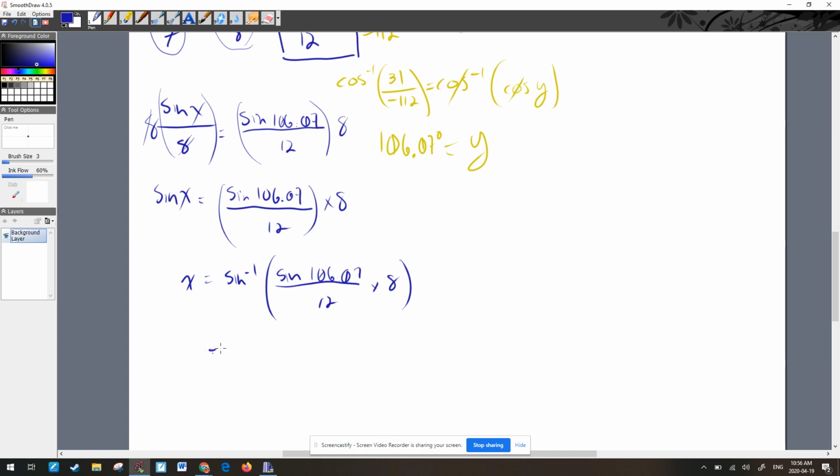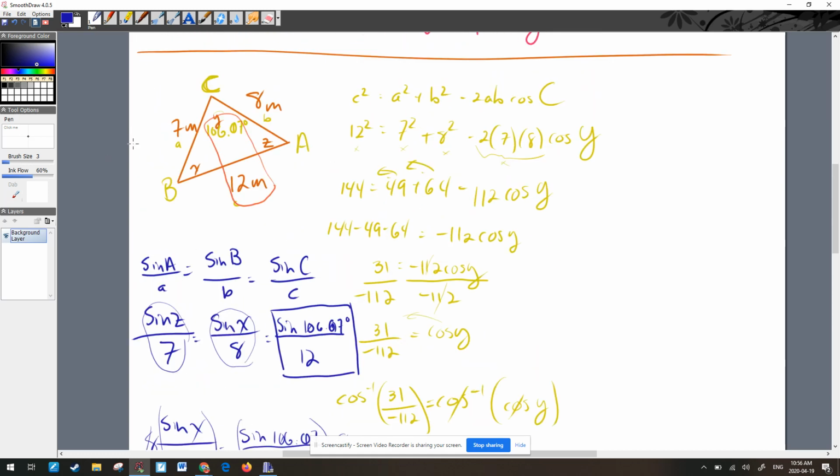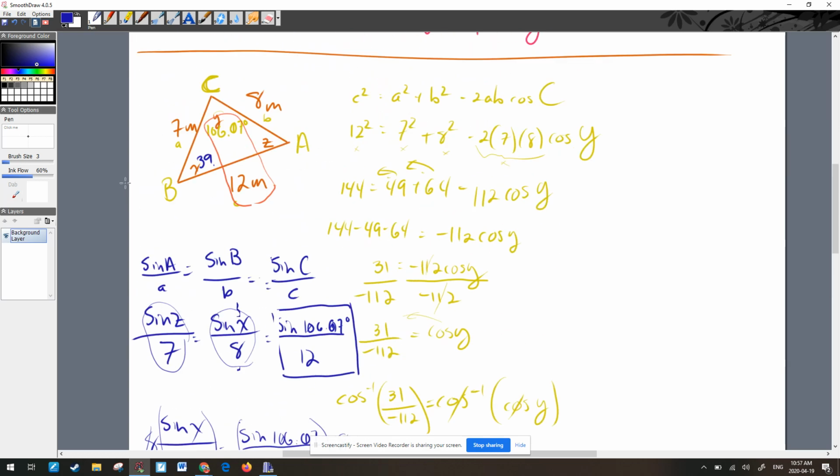So we have found that x is equal to 39.84 degrees. Okay, my clock is saying hello. So that has got us now with 2 of the 3 angles. So 39.84 degrees.